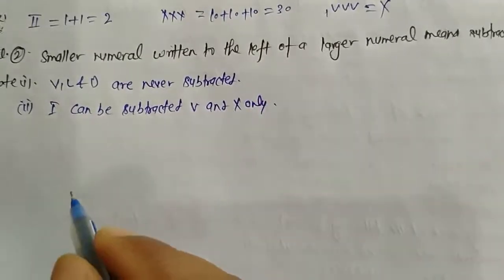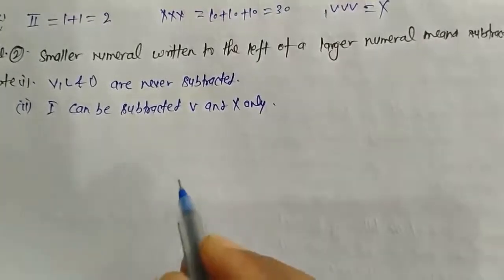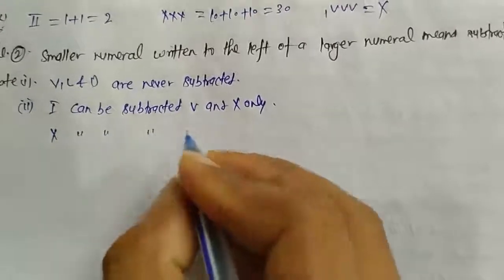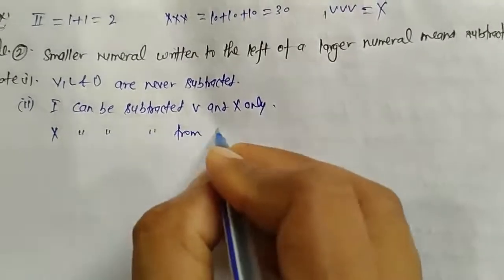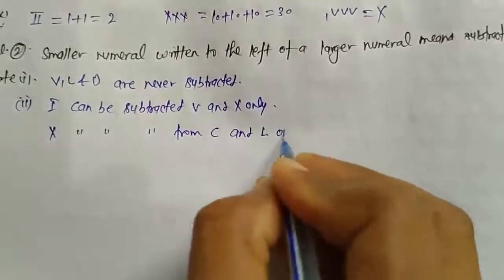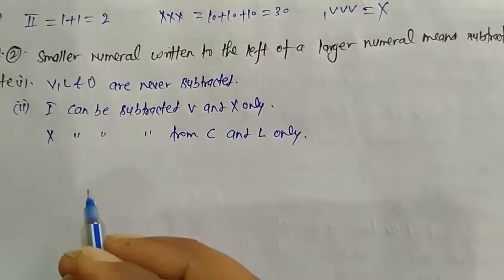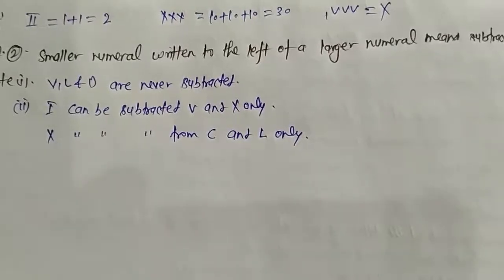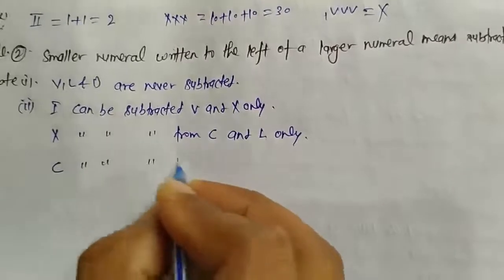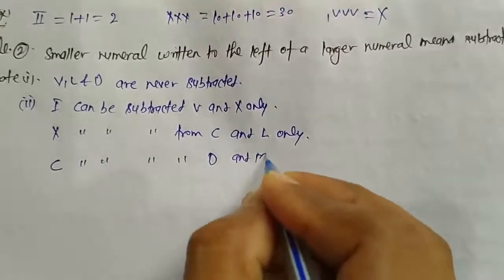And the third important fact is X can be subtracted from L and C only. And next, C can be subtracted from D and M only.